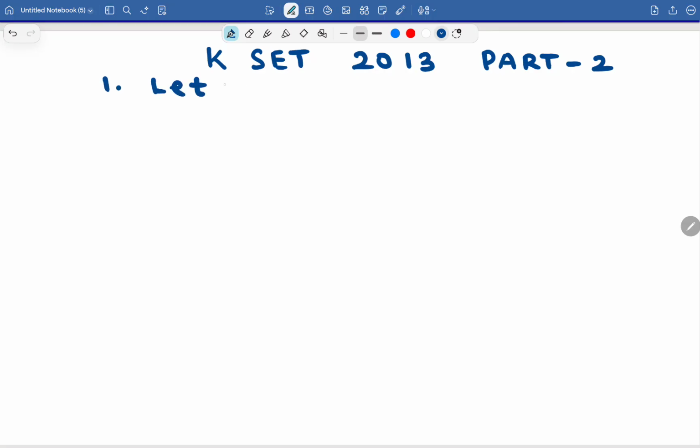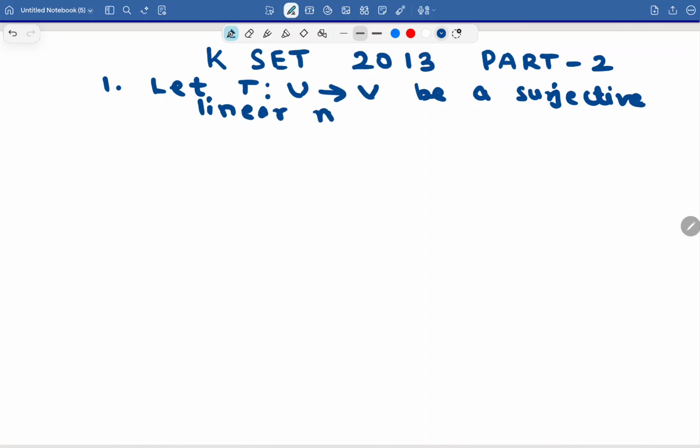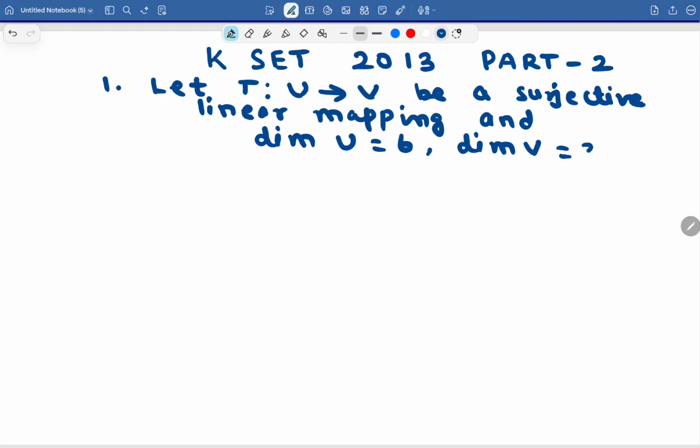Let T map U to V be a surjective linear mapping, and dimension of U is 6, dimension of V is 3.